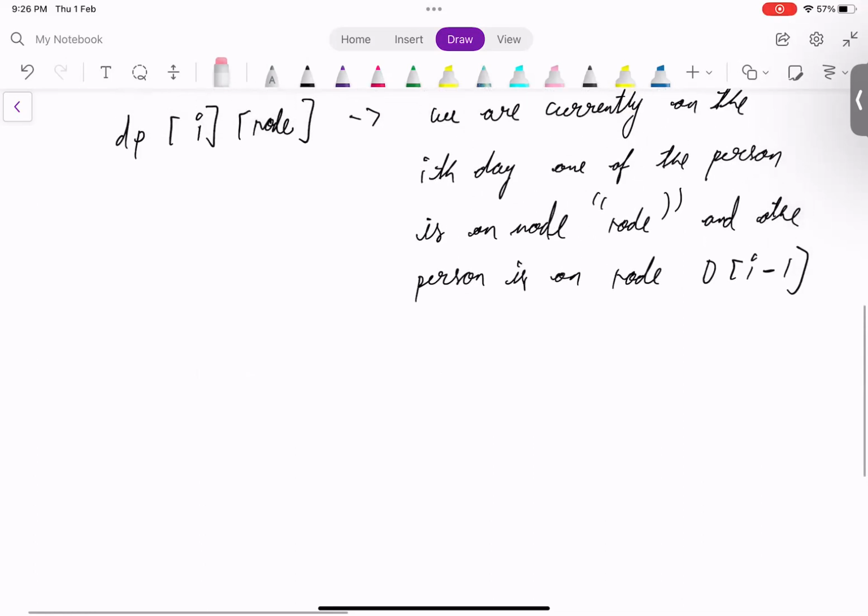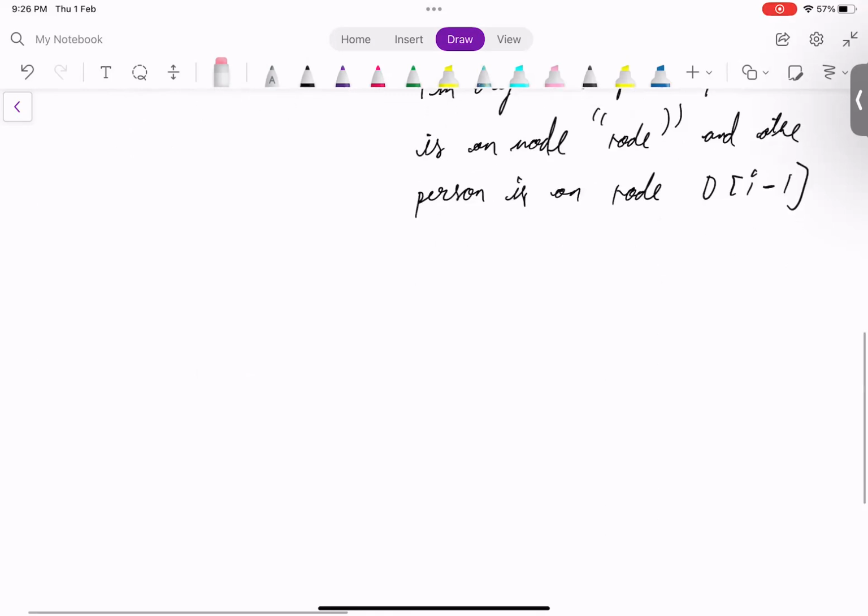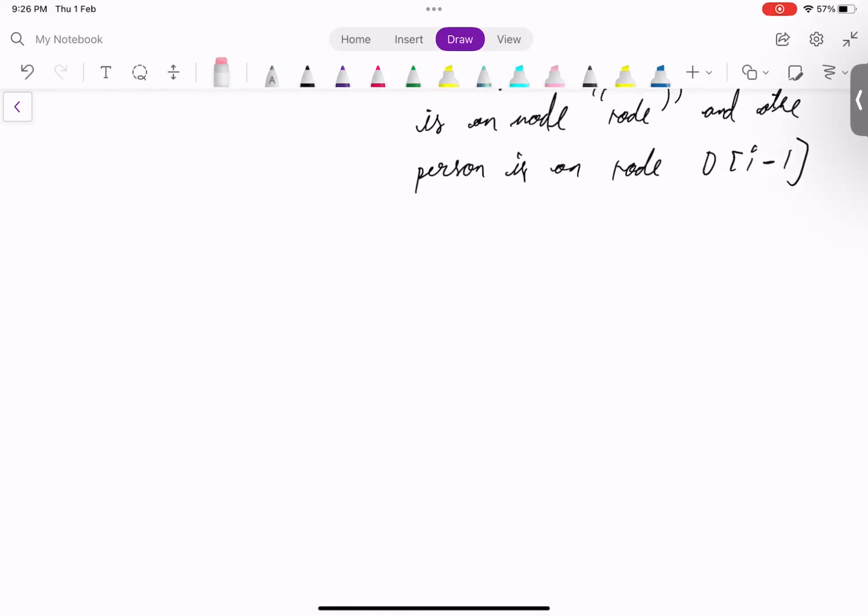Let us assume that we are using DP to memorize our answers, and then let's figure out the transitions with respect to a recursive function. What all types of states can we have?